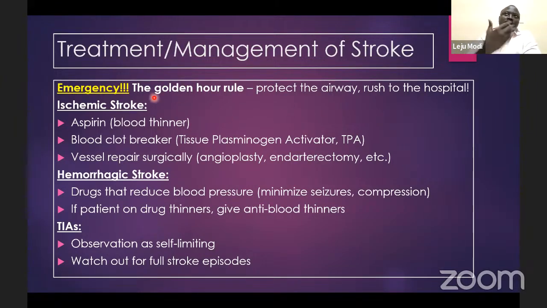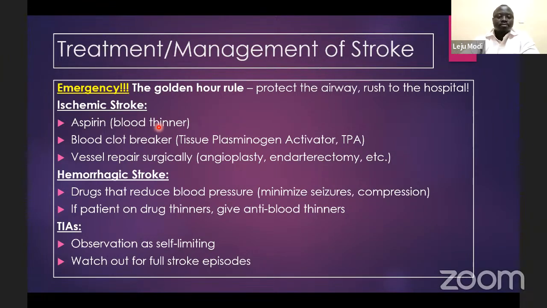And of course, assuming they reach the hospital and a brain CT scan is done and they are able to identify the cause, like I said, if it is the ischemic, which is due to blockage, you want to break down the blockage, and most commonly people are given aspirin, which tends to dissolve clots.